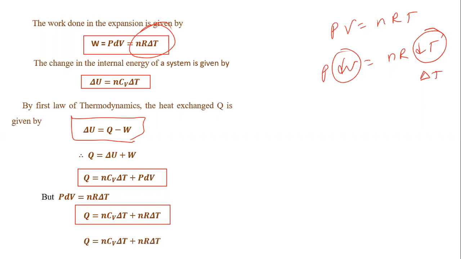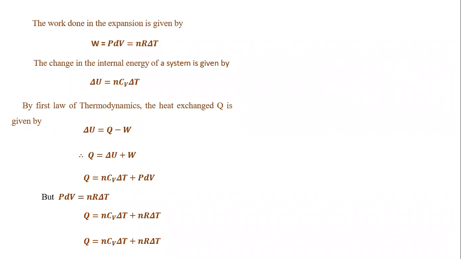Q is equal to n into Cv into delta T plus nR delta T. Delta T you can take common, as well as n is common. So after taking the common factor, we get this equation. But you know that Cp minus Cv is R, Mayer's equation that we already learned.